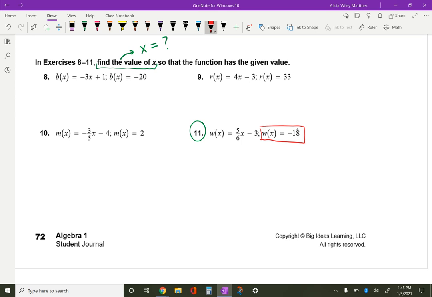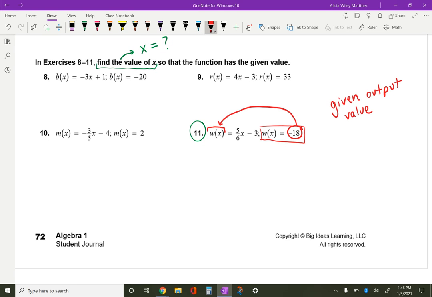So that means that this negative 18, this value here, is going to take the place of w of x, this whole entire thing. Because remember, that represents one value, the output value. So in these problems, you are given the output value, or what we can think of as the y value.